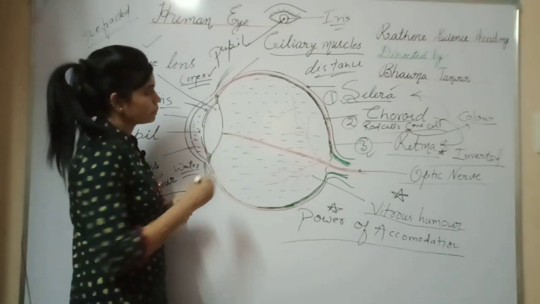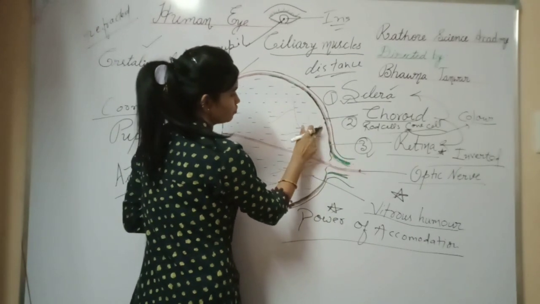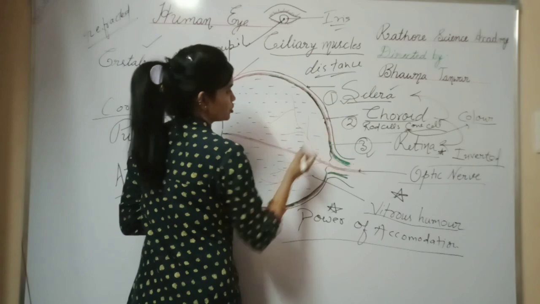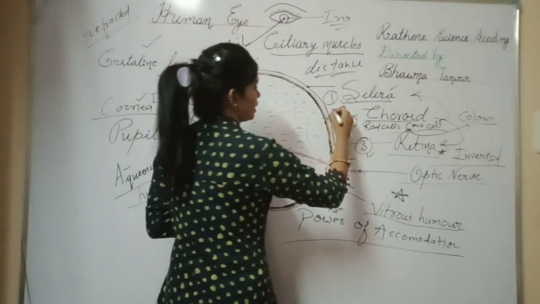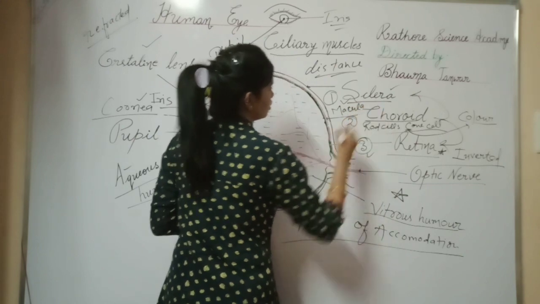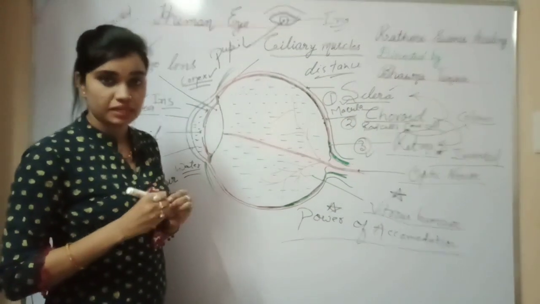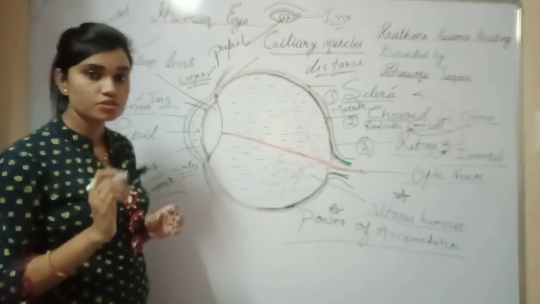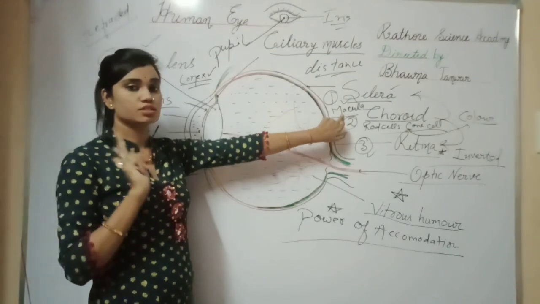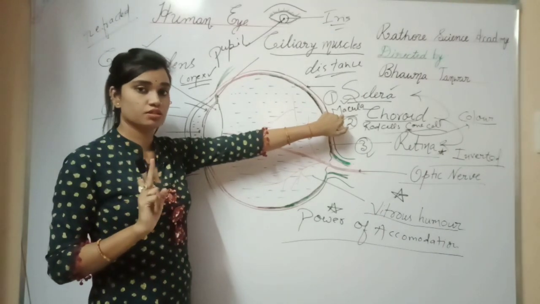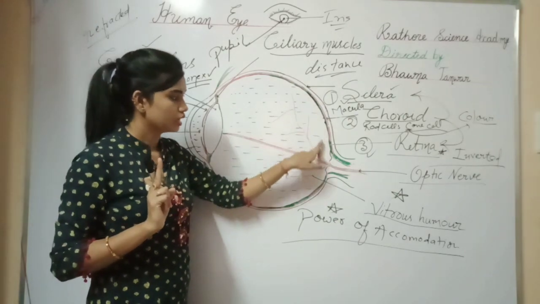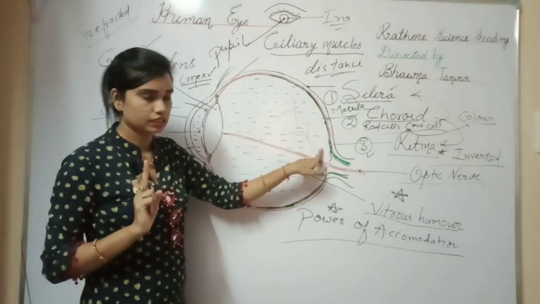One more thing, on the retina you will find this kind of point which is known as macula. Macula is a place which is responsible for sharp vision, and it is present on the retina of the eye.